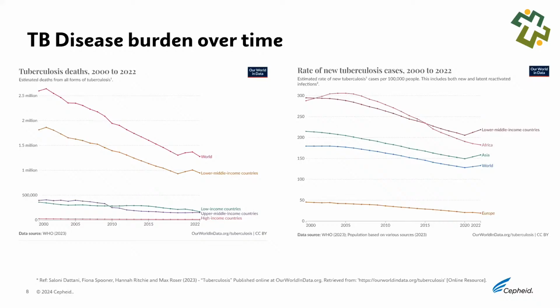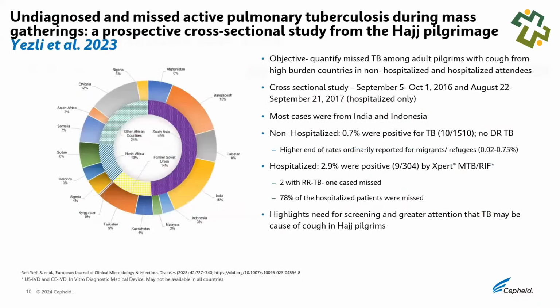We know that in the global south, we are carrying the higher burden of infectious disease in general. But this slide confirms that we are making progress. There is significant progress, but we must continue to fight this battle.